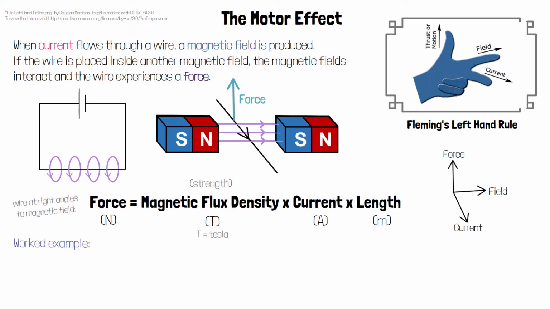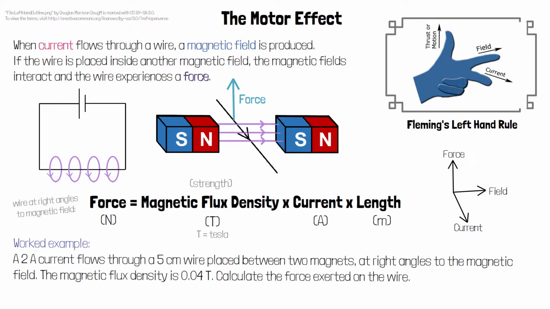For example, a 2 amp current flows through a 5 centimeter wire placed between two magnets at right angles to the magnetic field. The magnetic flux density is 0.04 Tesla. Calculate the force exerted on the wire. Force is equal to magnetic flux density times current times length.